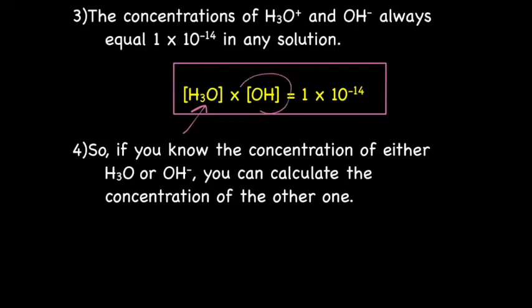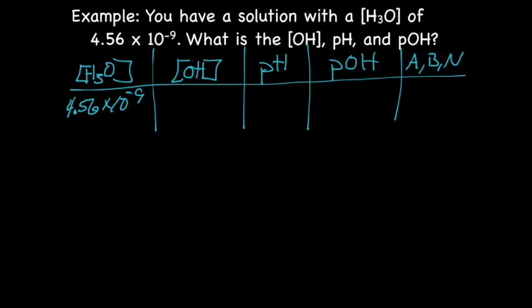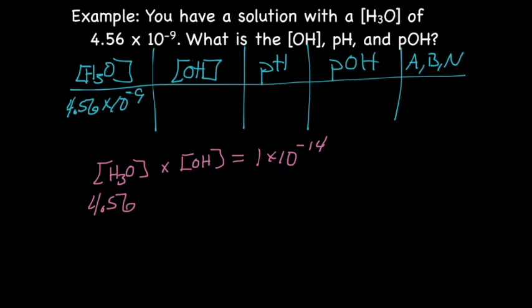We'll solve for OH. So we'll use concentration of H3O times concentration of OH gives us 1 times 10 to the negative 14th. We know concentration of H3O, which is 4.56 times 10 to the negative 9th. We want to determine the concentration of OH.